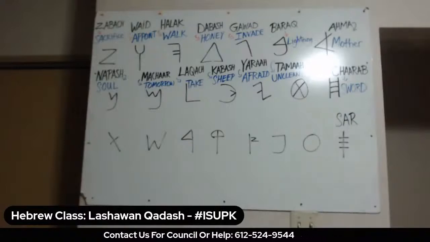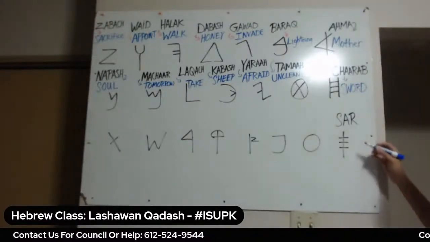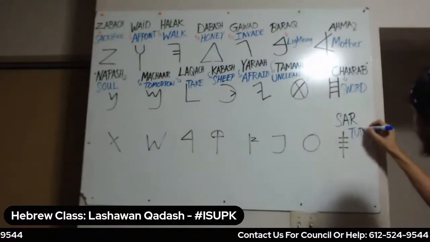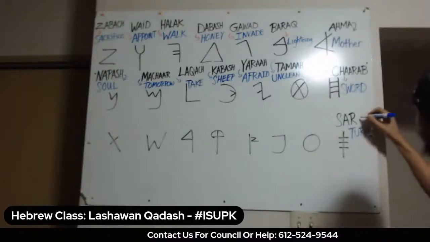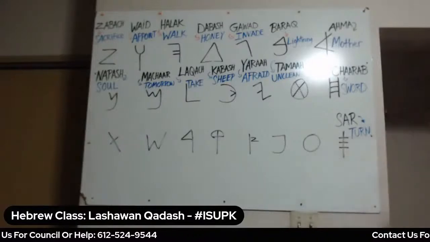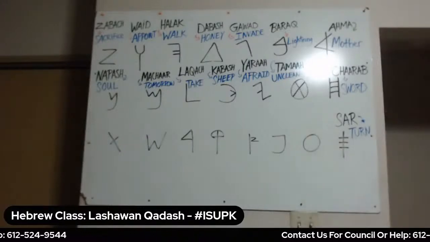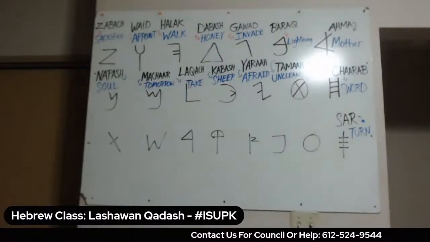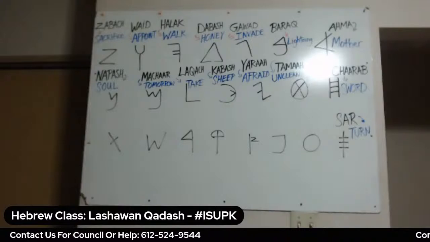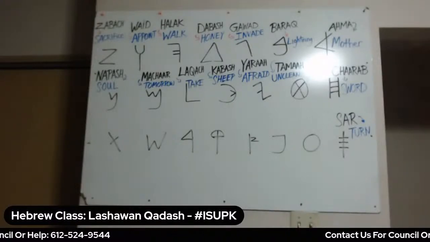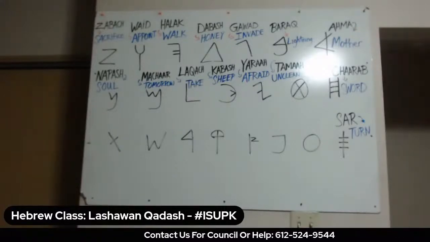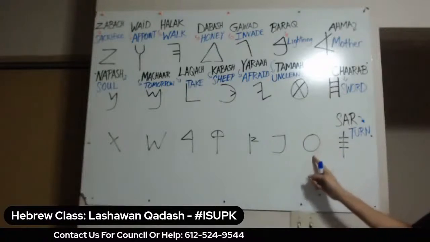Sar means turn in Hebrew. Sometimes you may have to turn your body to salute brothers, or most times you have to turn your body to salute sisters at the end of class. Okay? Sar, turn, you know what I mean? Okay?